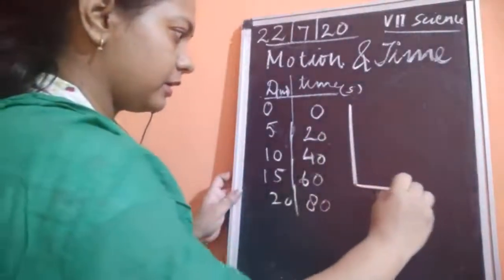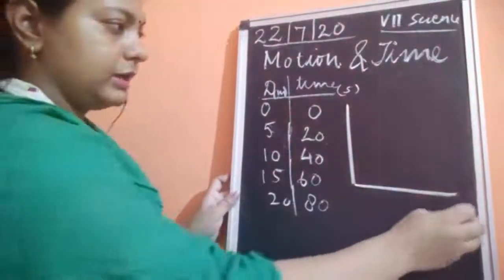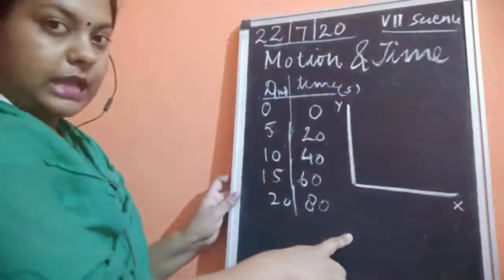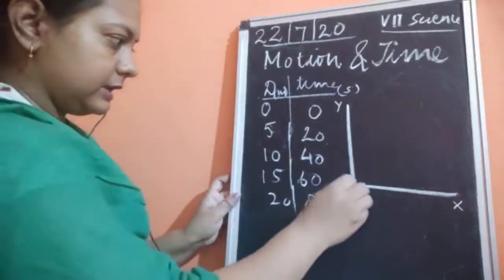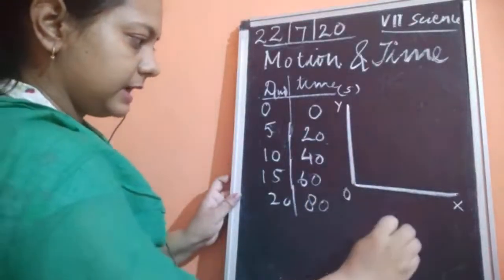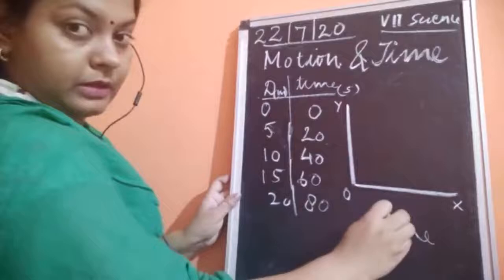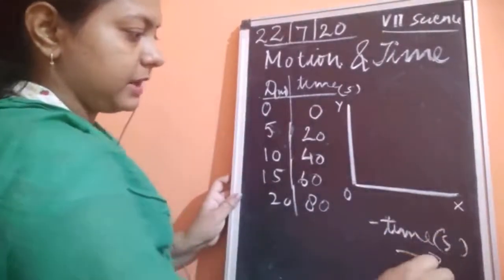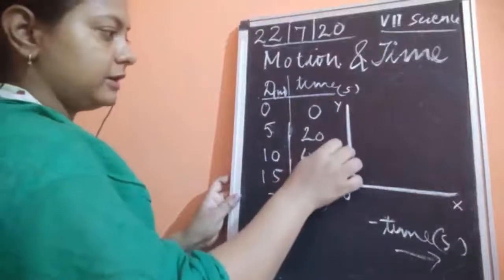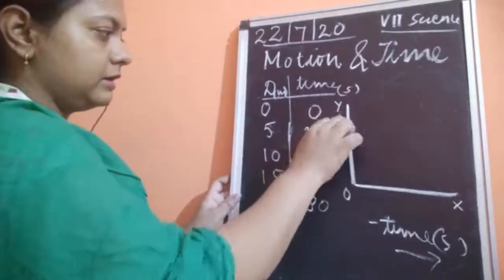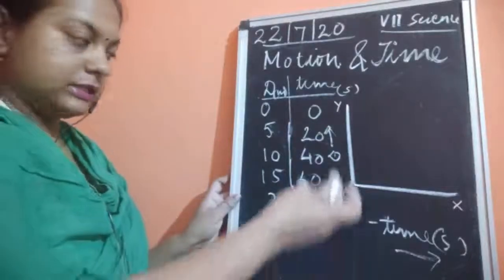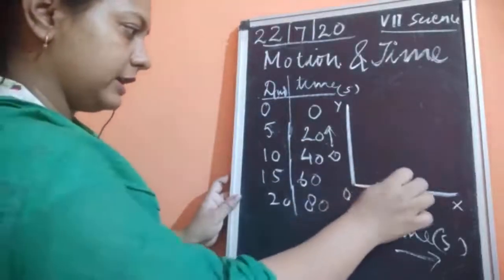Now we'll draw a graph. It will have an x-axis and a y-axis, and then we are going to plot these things. On the x-axis we have time, in seconds, and distance is plotted on the y-axis. When we plot this, we are going to scale first.